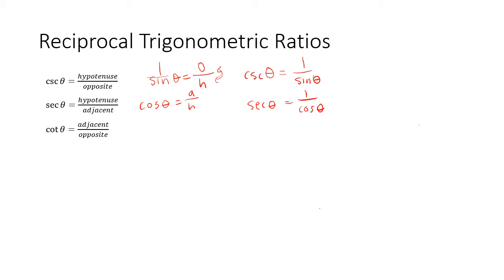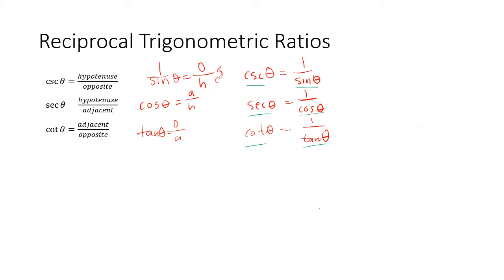Same thing for tangent. Tangent of theta is equal to opposite over adjacent. So by that same reasoning, the cotangent of theta is equal to 1 divided by the tangent of theta. And if you're looking at this and thinking, why on earth is this necessary? That is a completely valid question, because in order to know cosecant, secant, or cotangent, you by necessity need the same information you need to get sine, cosine, and tangent.